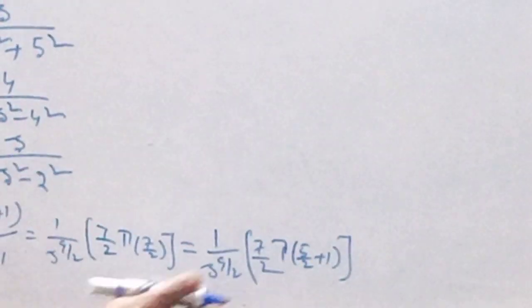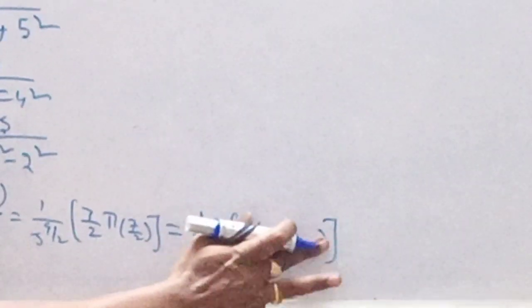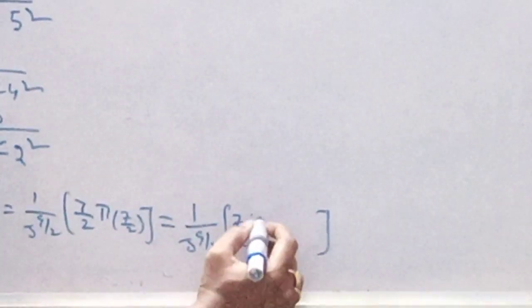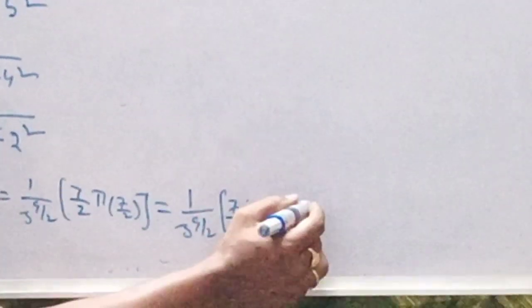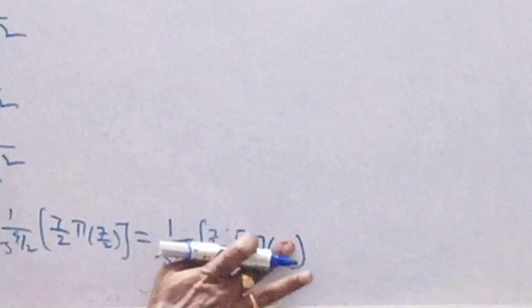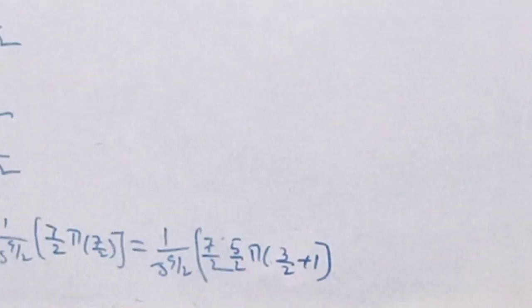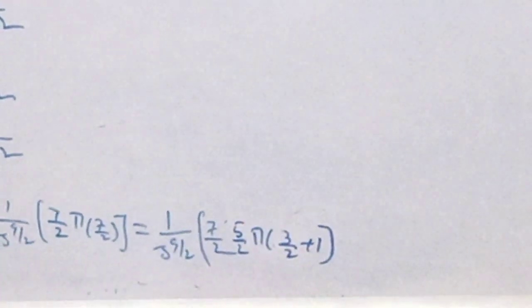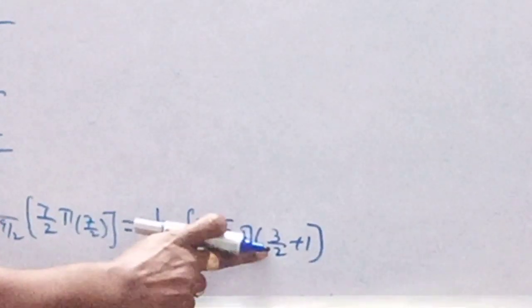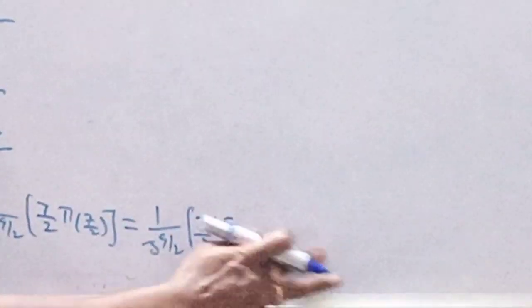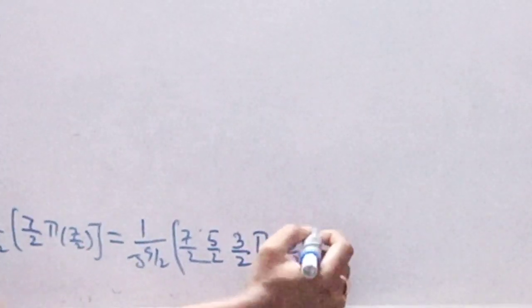Again it is the n plus 1 formula, so this is 5/2 into gamma of 5/2. Again 5/2 can be written as 3/2 plus 1, with the same gamma of n plus 1 formula where n is 3/2. So we get 3/2 into gamma of 3/2.